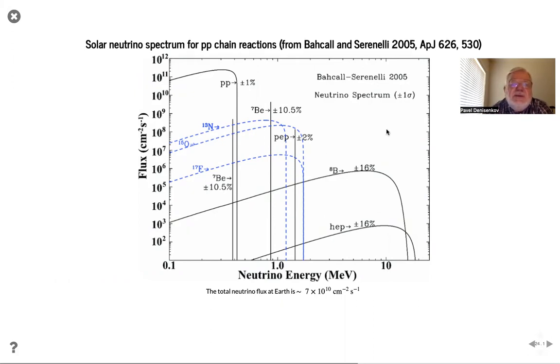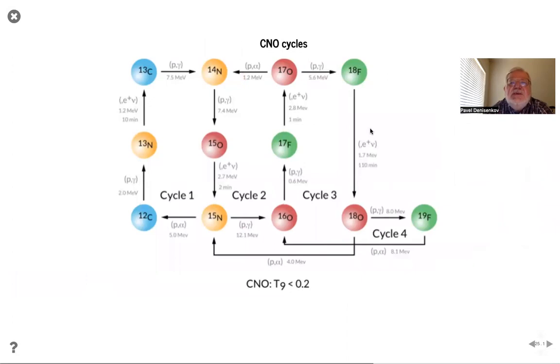Most of these neutrinos have already been detected, and their detection confirmed our understanding of hydrogen burning in stars, both in proton chains as well as in the CNO cycle.